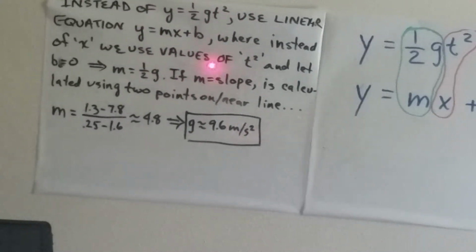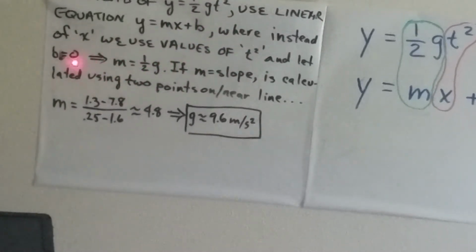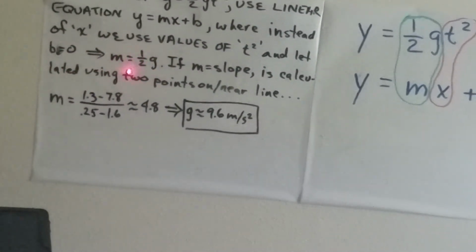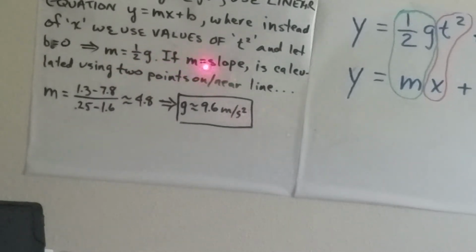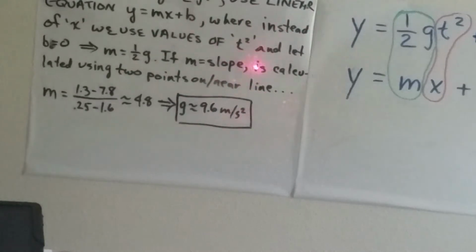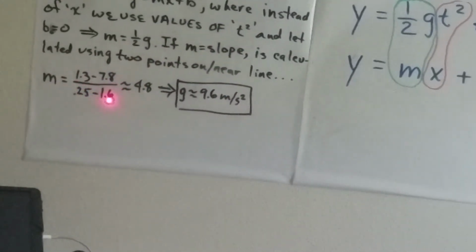And instead of b, for this particular one, b turns out to be 0. And so m matches up with 1/2 g. We can figure out the slope pretty easily of a line, and we can calculate the slope of this line.